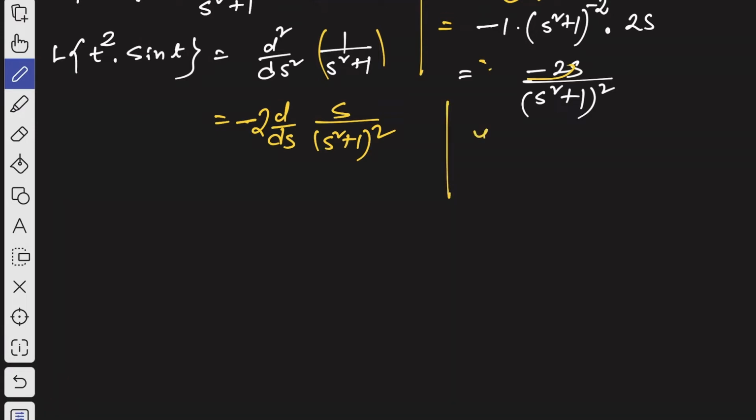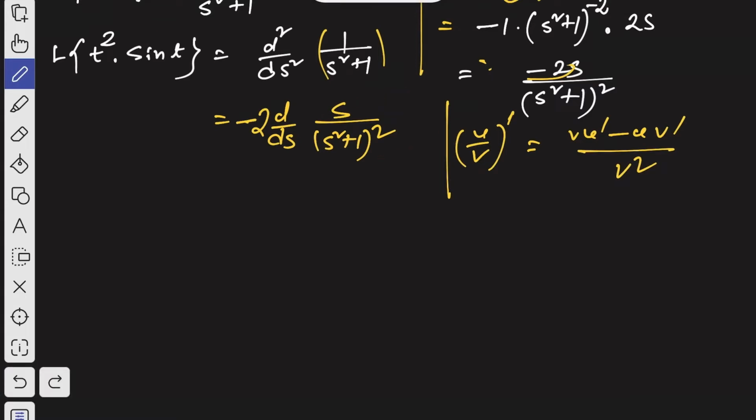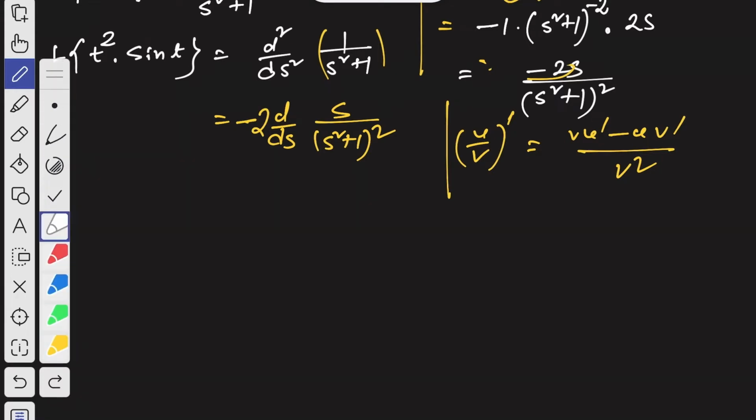Now here we are going to apply this rule: the derivative of u by v is given by (v times derivative of u minus u times derivative of v) by v square, right? Consider the numerator as u and the denominator as v. So if you consider that way, what will be its derivative?